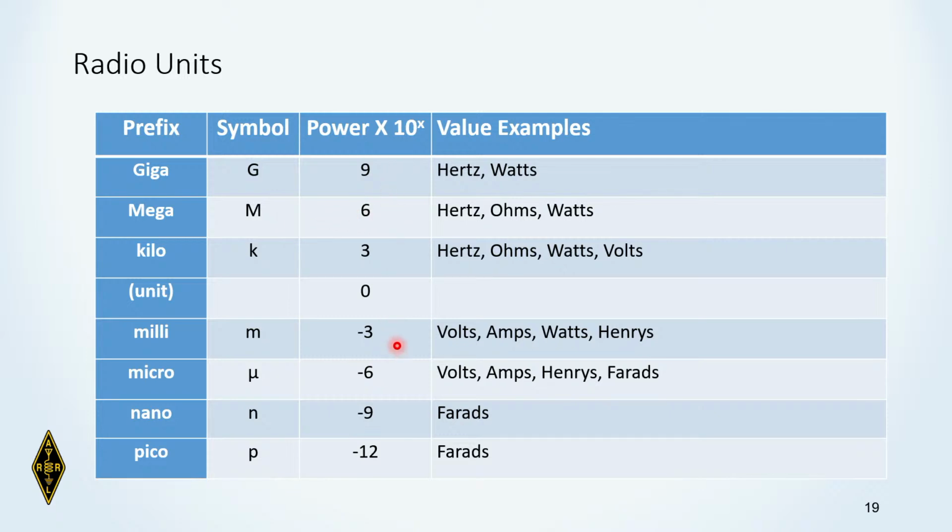As the numbers get smaller, a milliwatt is 1,000th of a watt. That's times 10 to the minus 3. Each time we change one level, we're multiplying or dividing by 1,000. And these are some of the typical values that we'll see used in electronics. And these are the symbols that you'll see. Some of you may remember this from your metric studies or your science classes in school.